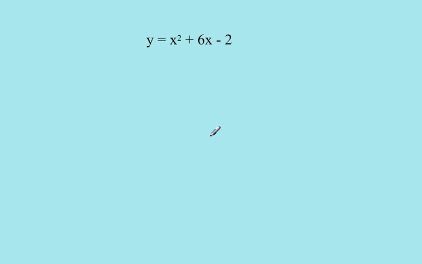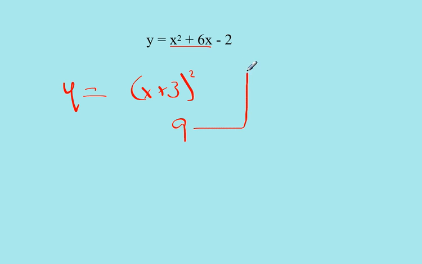All right, let's do another one. I have x plus 3 squared. That takes care of this part, plus something or minus something. Now, instead of writing it all out, I'm just going to save some time. I know that the last term is 9. I know I need to get to the -2.